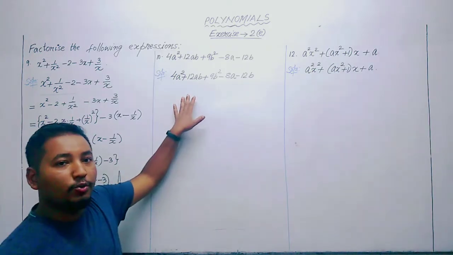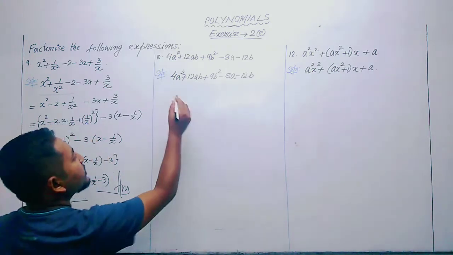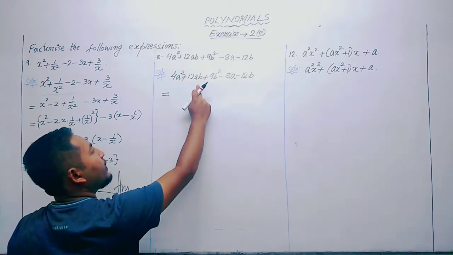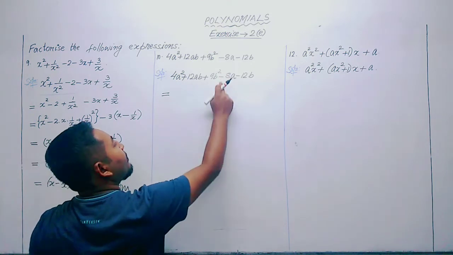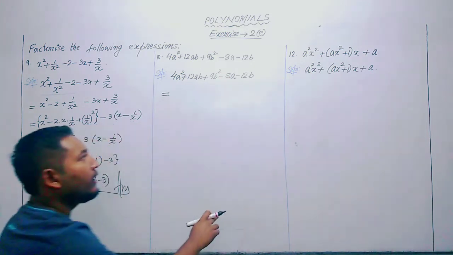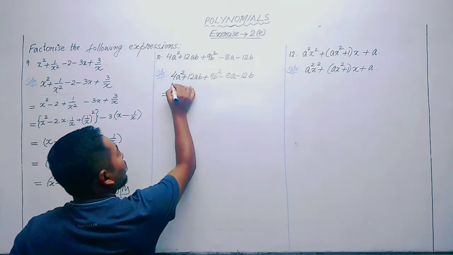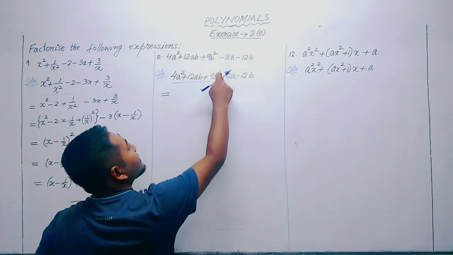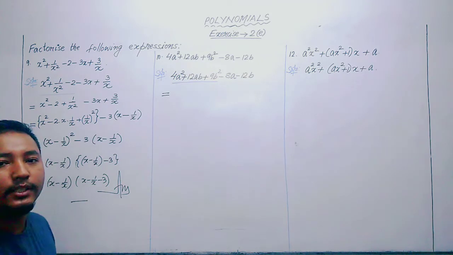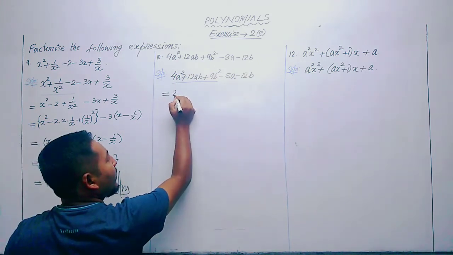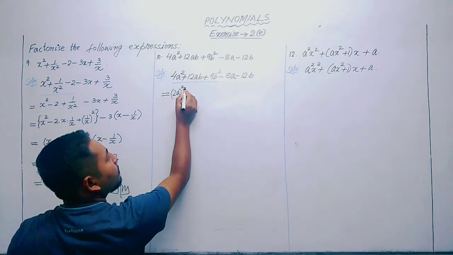Let us look at this question number 10, which says 4a square plus 12ab plus 9b square minus 8a minus 12b. Again, if you look at this term very carefully, you'll find out that this is a standard form of identity, but you have to convert it first. Now 4a square, can I write 2a whole thing square?